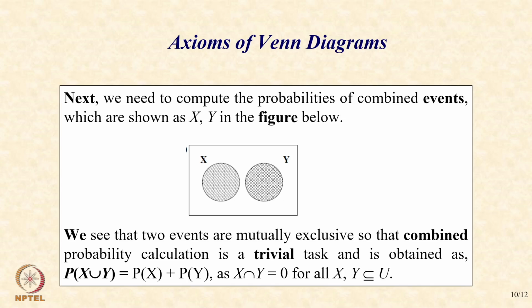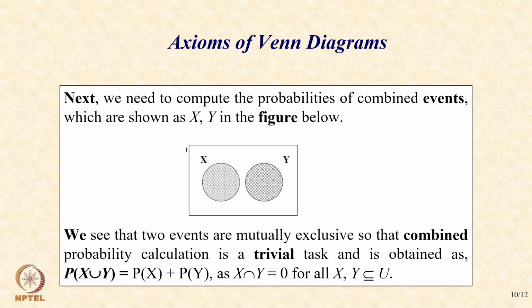So, if I were to find the combined probability of X and Y occurring together, that probability is nothing but the sum of the individual probability of X and the individual probability of Y, Px plus Py.